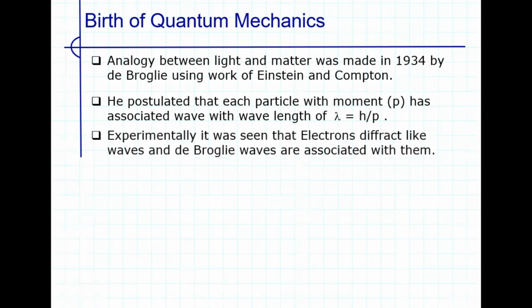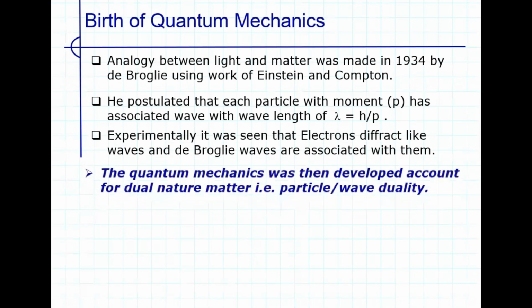Experimentally, it was seen further that electrons diffract just like waves, just like light. De Broglie's waves were really associated with the microscopic particles like electrons. So quantum mechanics was then developed to account for this dual nature of matter, that is, matter is based on particle and wave duality.